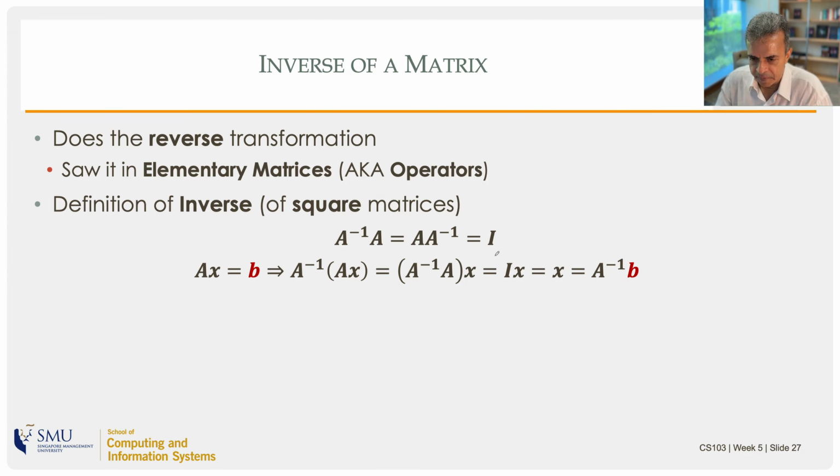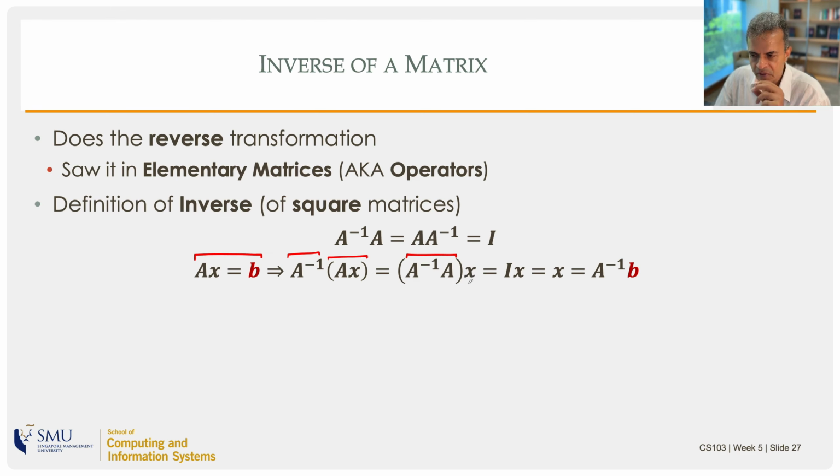Now what does that mean? Our original equation was Ax equal to B. Now suppose you multiply that by A inverse on the left. So A inverse Ax becomes A inverse times A times x, because as you know, matrix multiplication is associative.